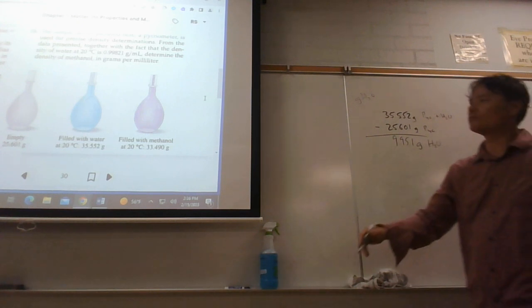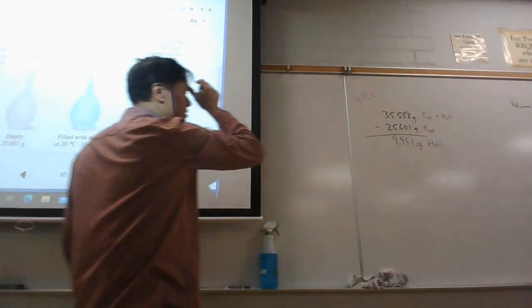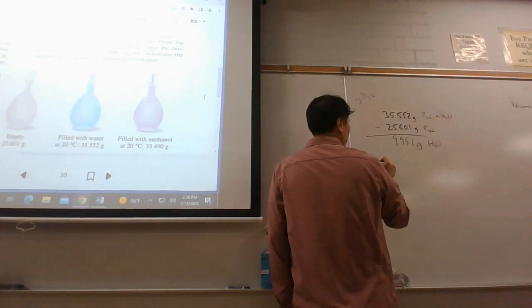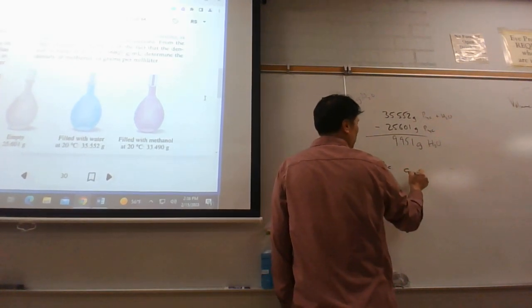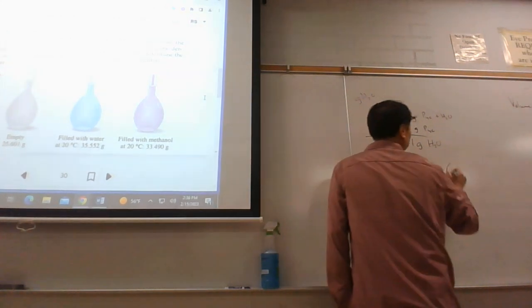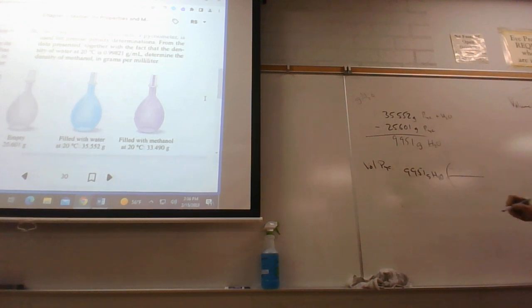If I know how many grams of water I have in this pycnometer, I can figure out the volume by using this density. This density is quite precise. And so the next thing I'm going to calculate is the volume of the pycnometer, which is going to be 9.951 grams of water times the density, which is going to be 1 milliliter per 0.99821 grams of water.